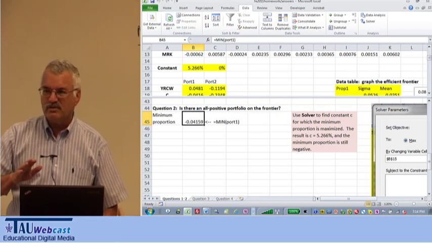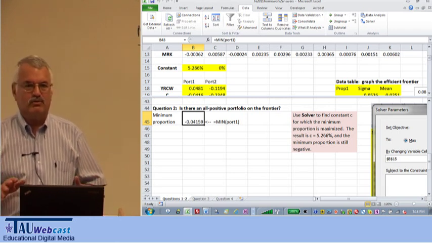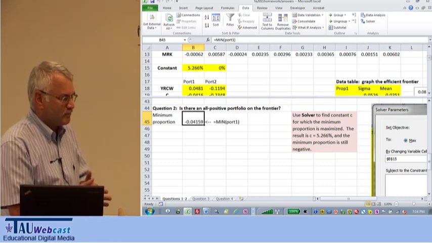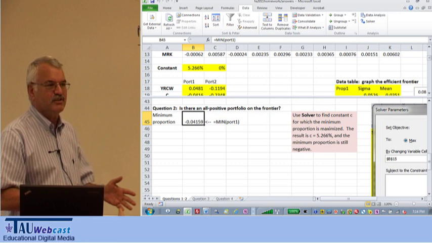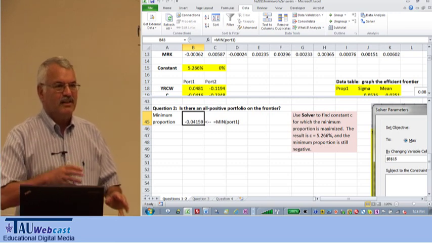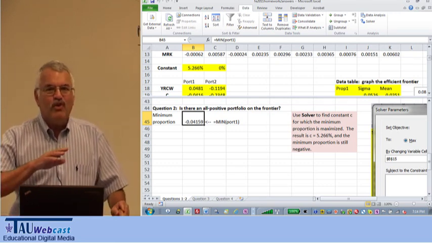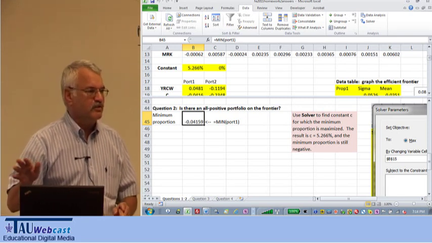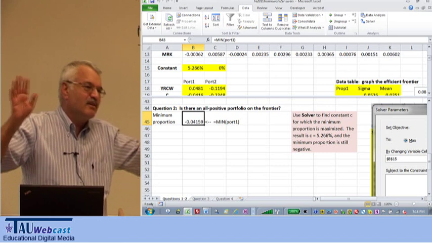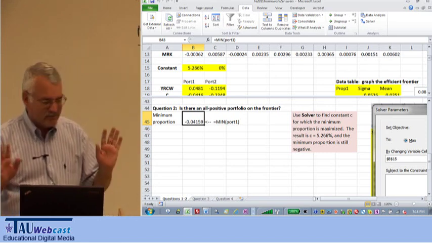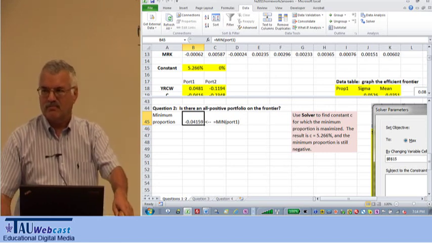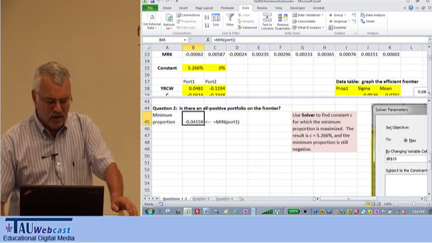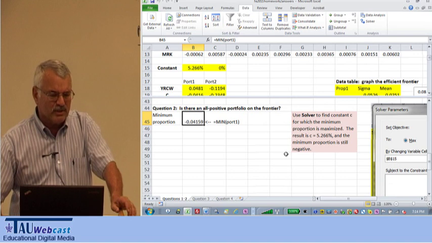This is not a mathematical theorem, but I'm willing to propose a common sense theorem that says that no matter what data you take, you will never get an all-positive portfolio on the frontier. It's a little risky, but okay. So that's the homework. The rest of the stuff is too simple. I'll just send it to you.